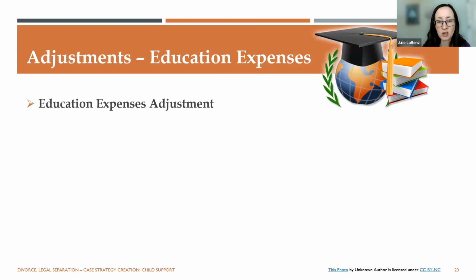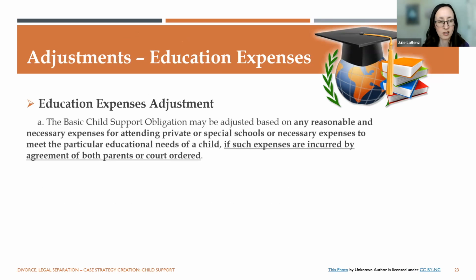Okay, how about education expenses? What qualifies? Any reasonable and necessary expenses for attending private or special schools or necessary expenses to meet the particular educational needs of a child if such expenses are incurred by agreement of both parties or court ordered.